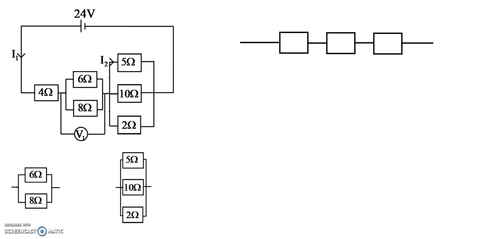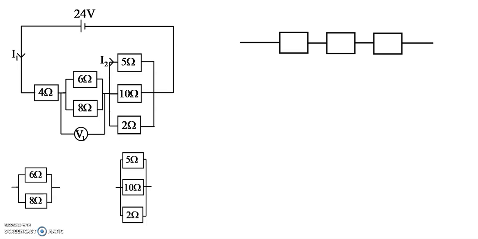The first thing to do in tackling a problem like this is to get the 6 and the 8 ohm resistor in parallel into an equivalent single resistor.